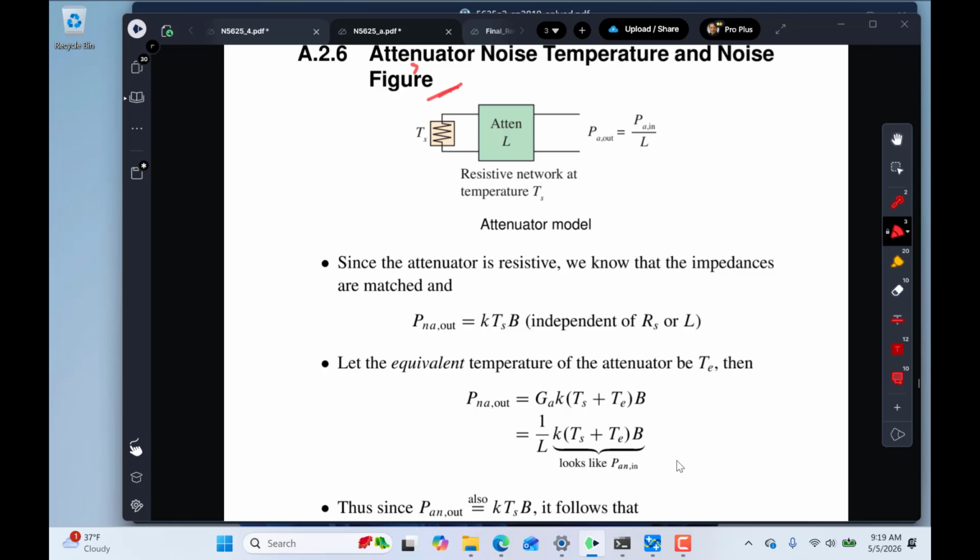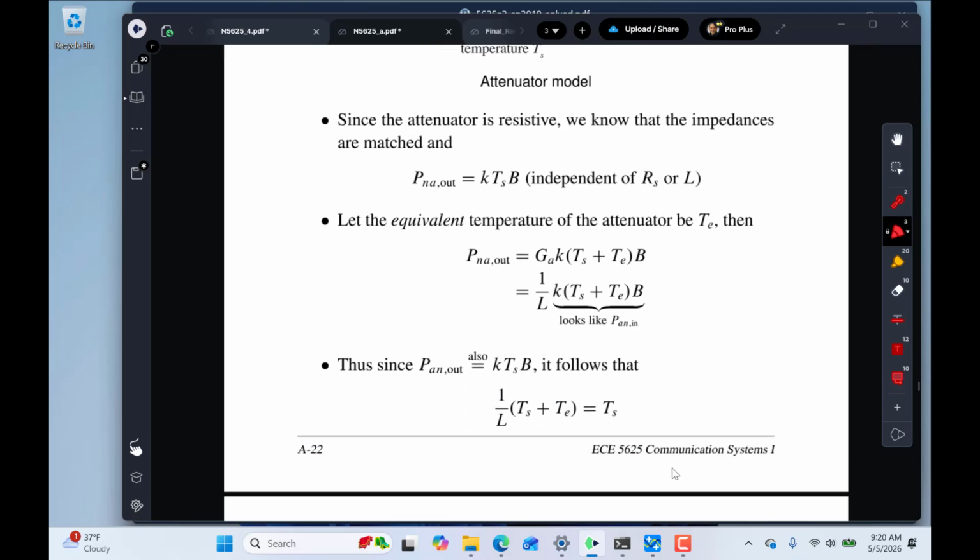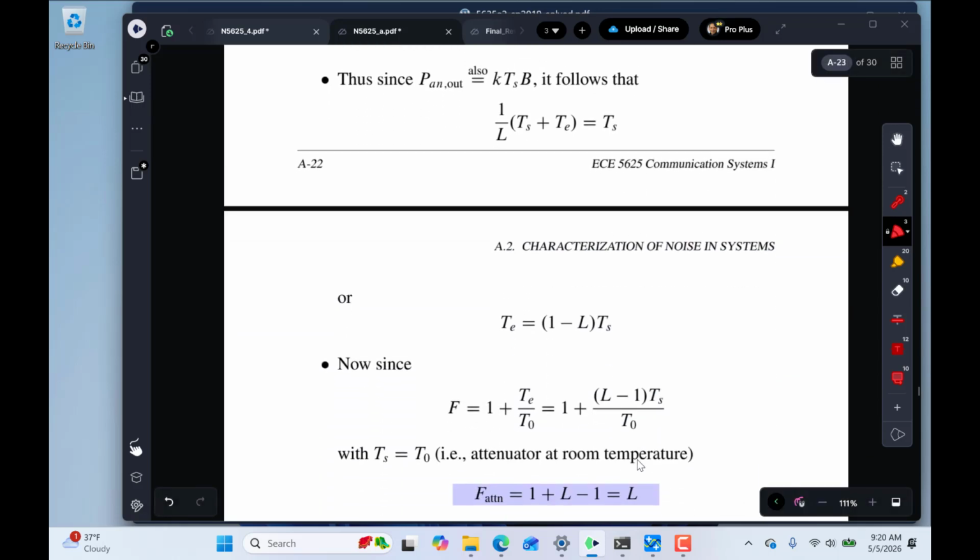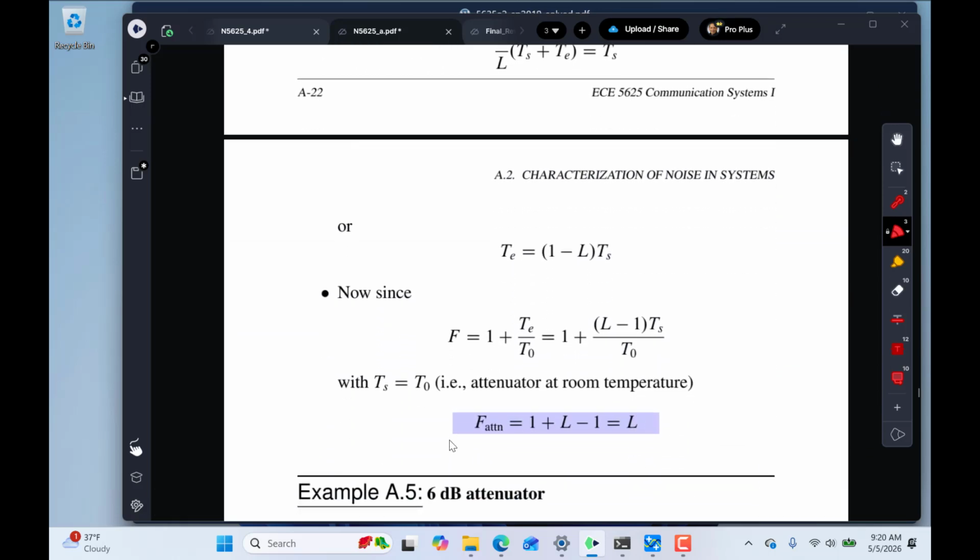We're trying to find the noise temperature and noise figure of an attenuator, and I'm sort of sliding over this because I'm running out of the time I want to spend on it. But we can go through and show fundamentally that the result is in the blue box here. The attenuator has a noise figure equal to its attenuation value L, again, a ratio.